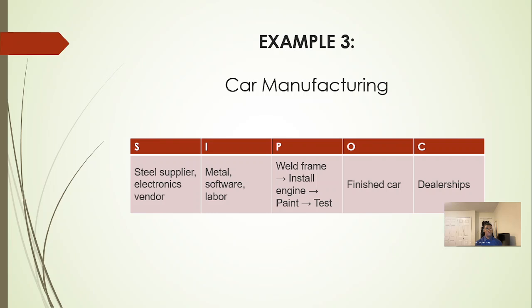The output is a shiny new finished car, ready to go. The customers might be the dealership or the person directly. So SIPOC works at any scale. I think those examples are pretty accurate to help you understand how SIPOC works.